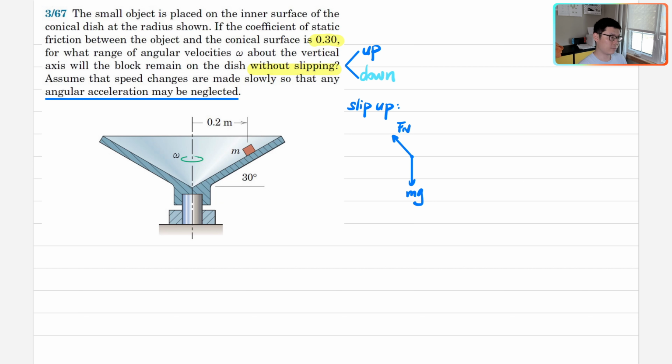No external force. Then we jump to our fourth step, the friction. Where does friction go? Friction will be different depending on where the block tends to go. To prevent the block from slipping up, the friction will go against it. So when it's a slip up situation, your friction will be going down, and that is perpendicular to the normal force.